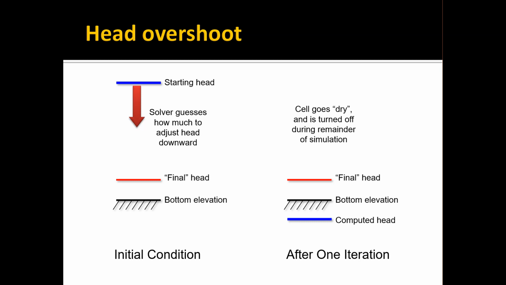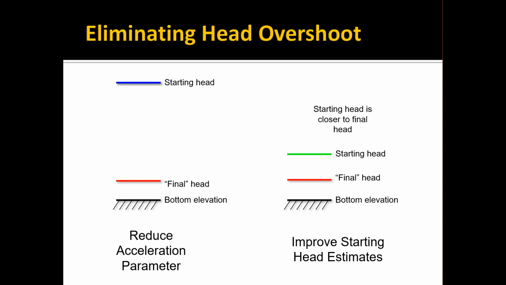There are a couple of ways we can fix this. One of which is shown on the left, and that is to reduce the acceleration parameter. We talked about that earlier. The acceleration parameter controls how much the solver moves the head at each iteration. Clearly, if you have head overshoot, it's moving it too far.